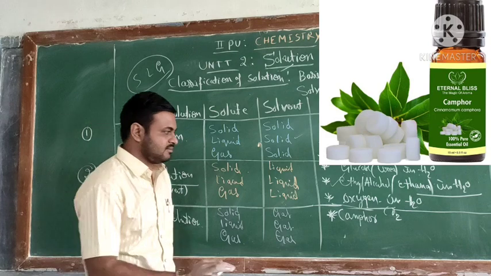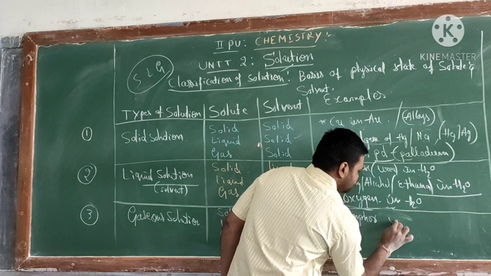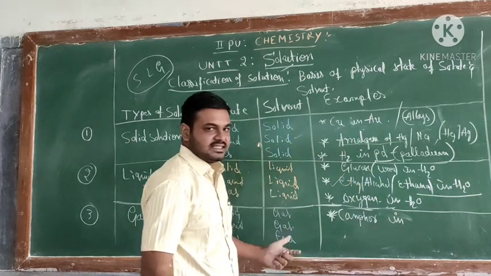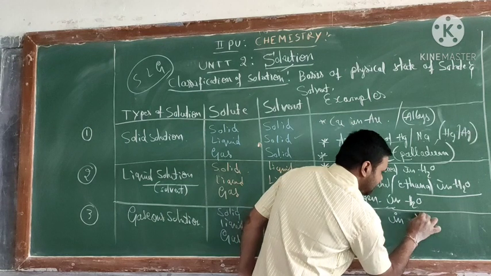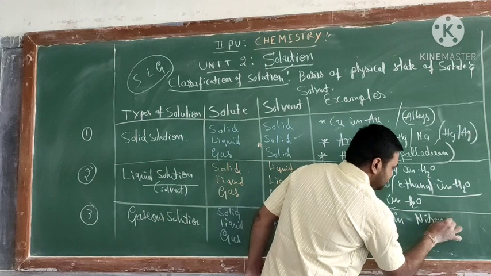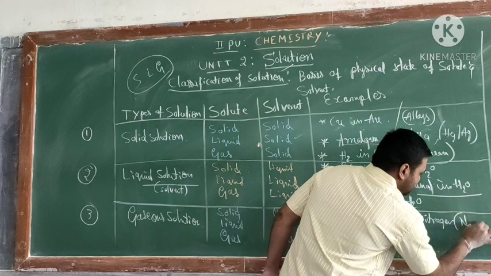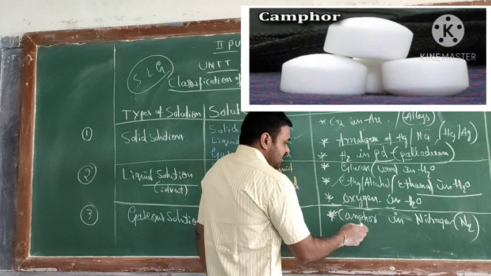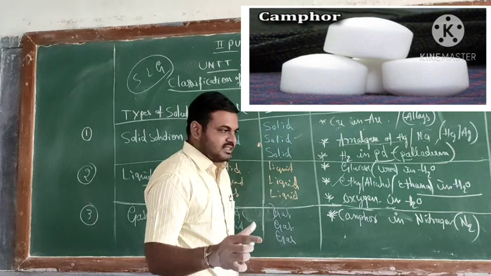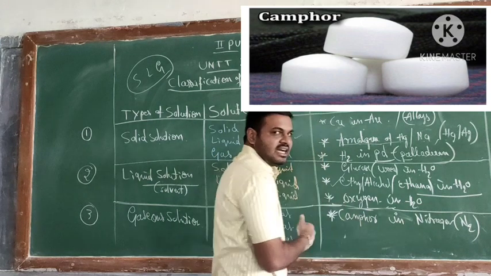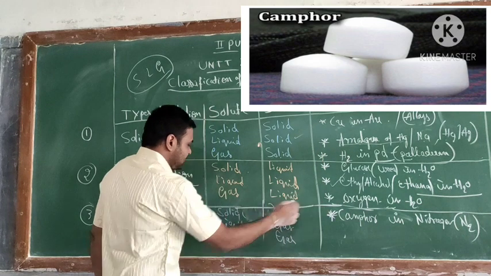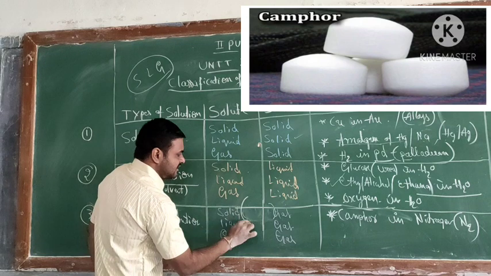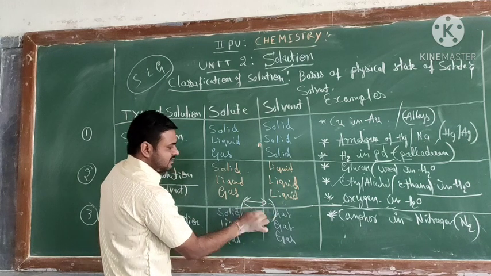Camphor is a solid, in gas. Which gas do we consider? Nitrogen gas, or N2. Nitrogen gas is mixing with camphor. Camphor is a solid and nitrogen is a gas. Did you observe? This is an example where a solid converts to gas.